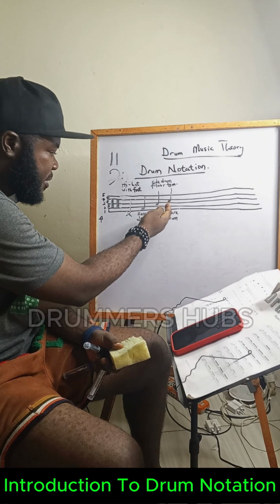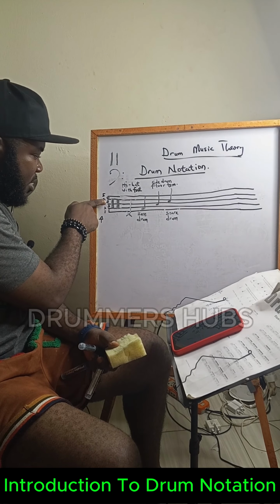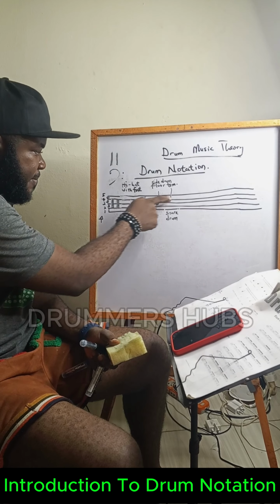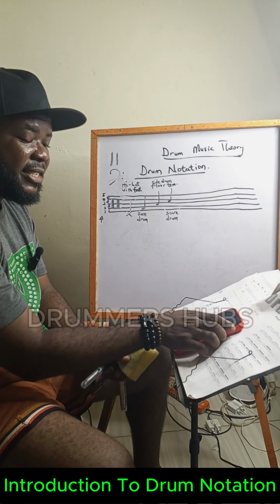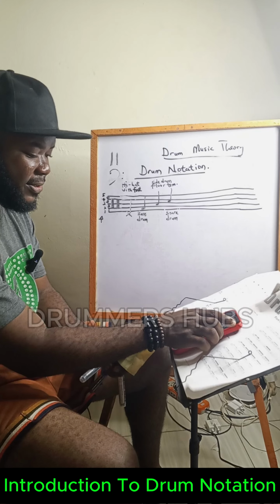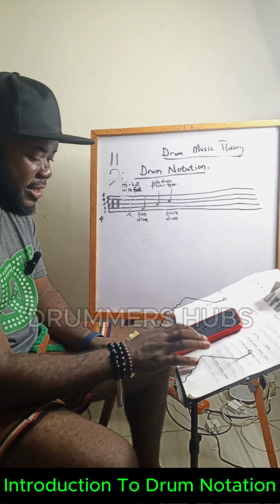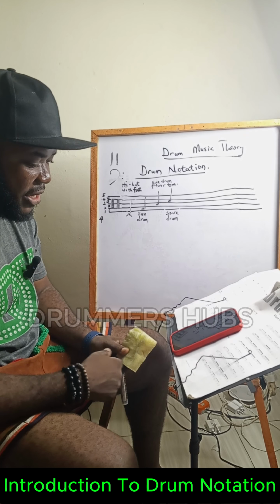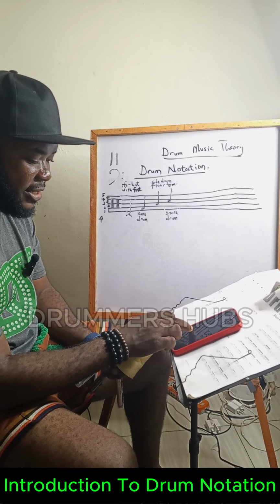Remember, space 1, space 2, space 3. So space 3 has the snare drum on it. Don't forget that. I'm just trying to make this neat and very explanatory.